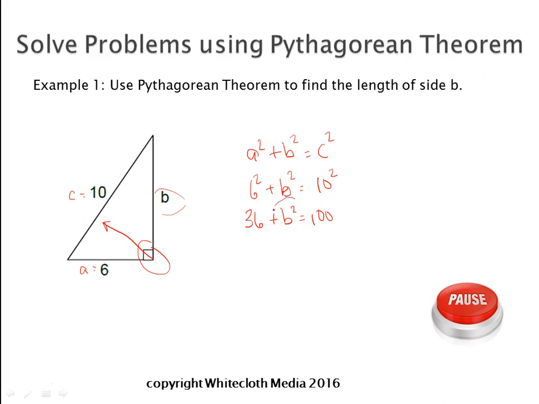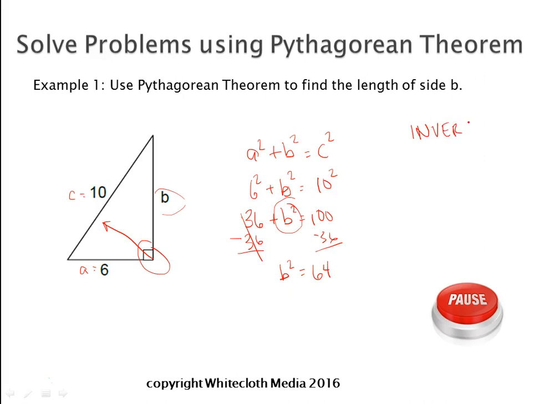To get b squared by itself, I need to subtract 36 from both sides. So b squared is equal to 64. And remember we talked about inverse operations.